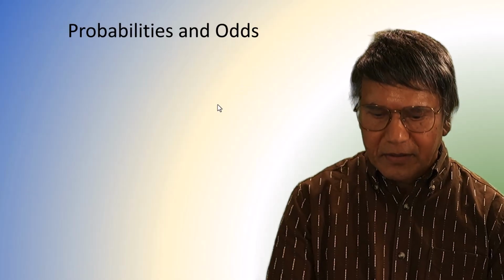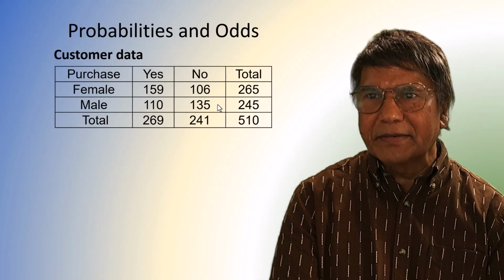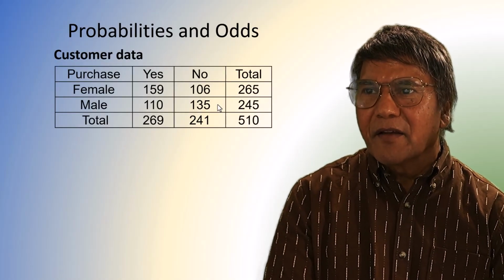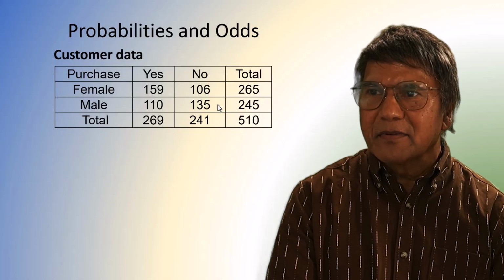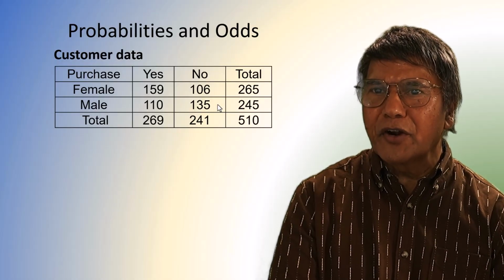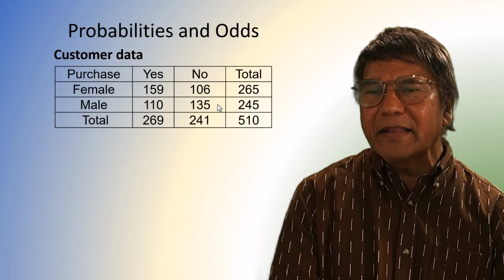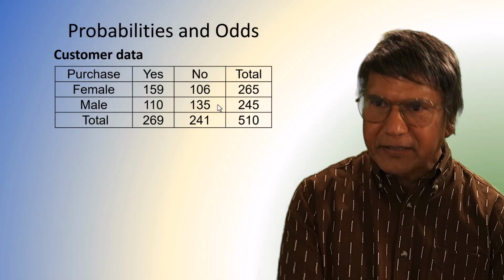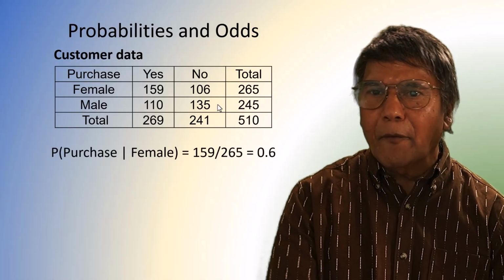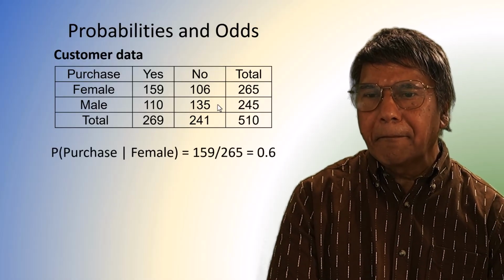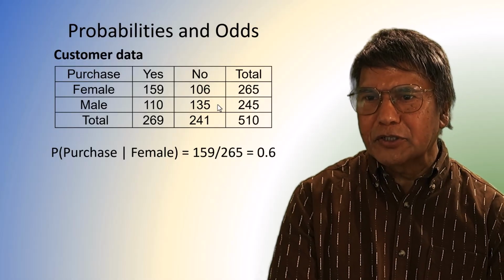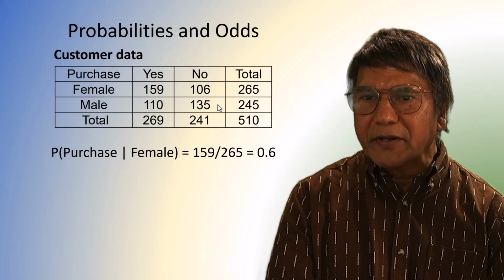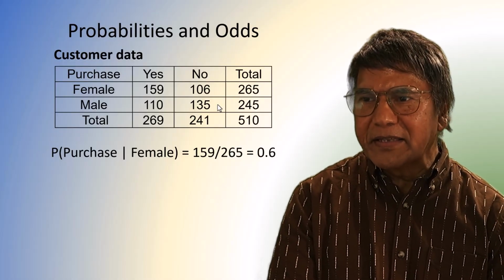Probabilities and odds. So here suppose we have a table, customer data. We had 510 visitors coming in, 265 female, 245 male, and some bought, some didn't buy. Here's the table. So we are looking at the probability of female purchasing and male purchasing. The probability of purchase given female is 0.6.